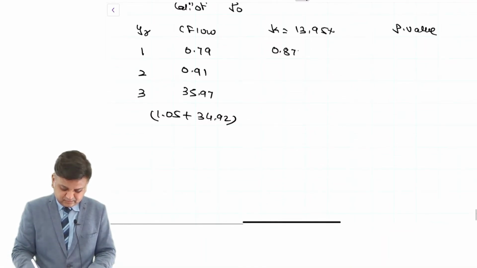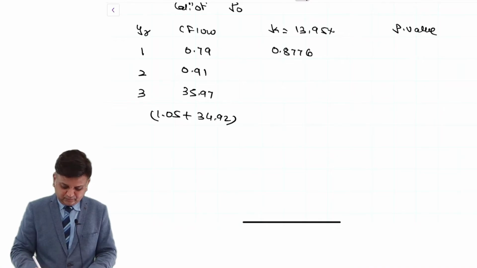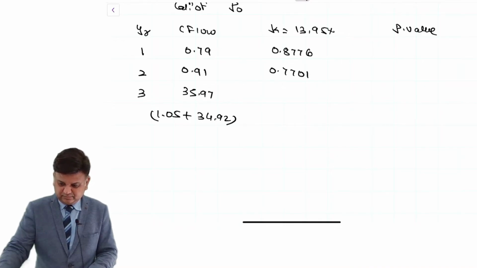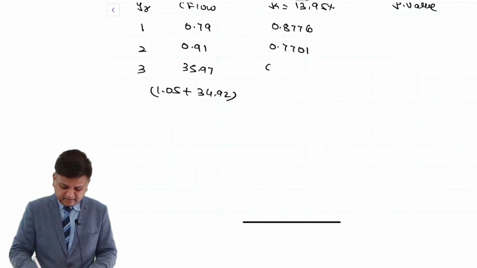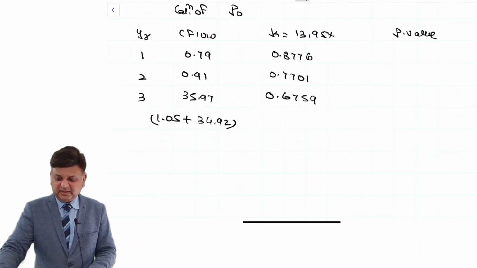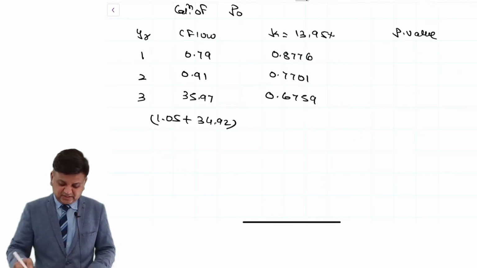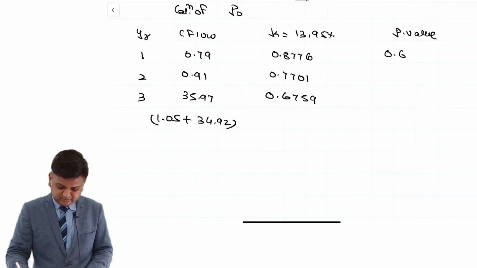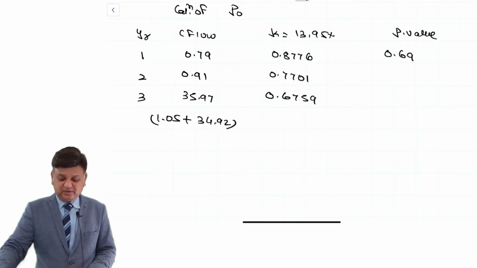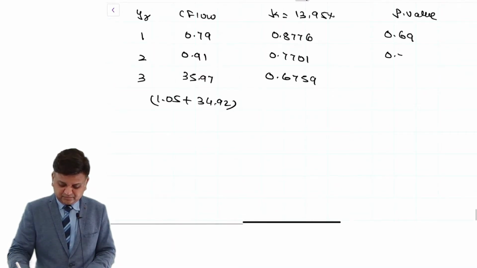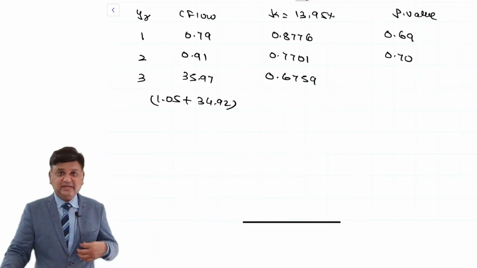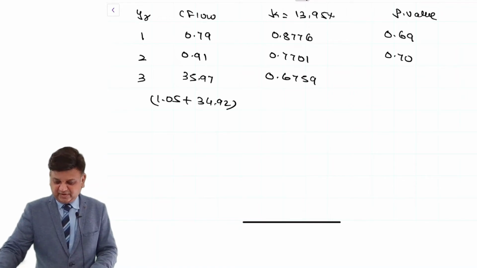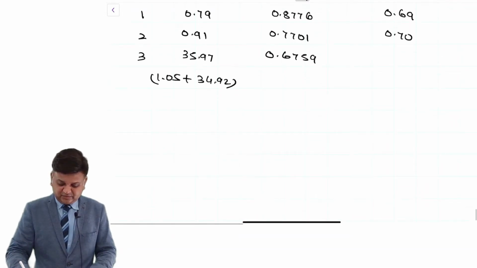0.8776, 0.7701, 0.6759. 0.79 into 0.8776, so it is 0.69. 0.91 into 0.7701, so 0.70. 35.97 into 0.6759, 24.31.